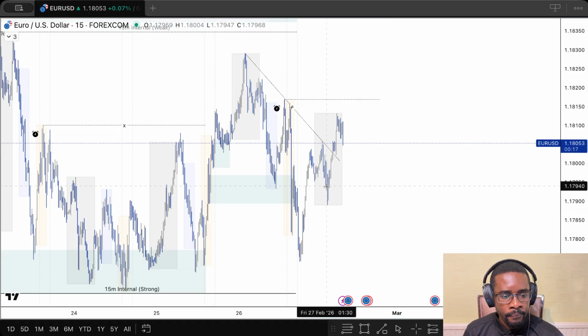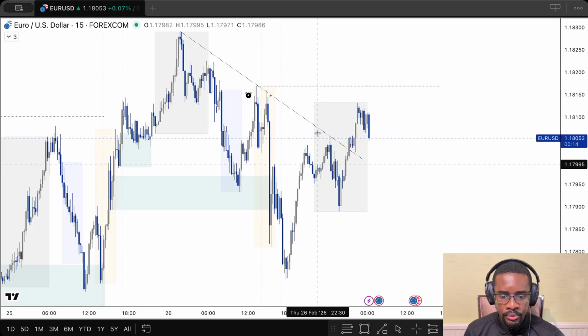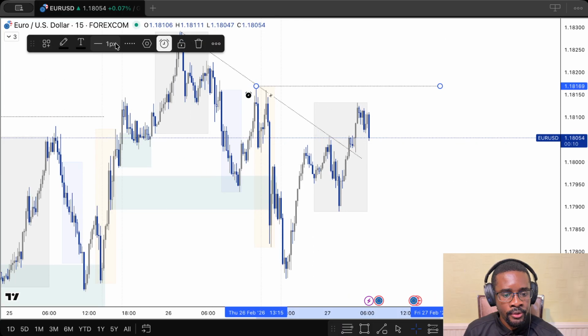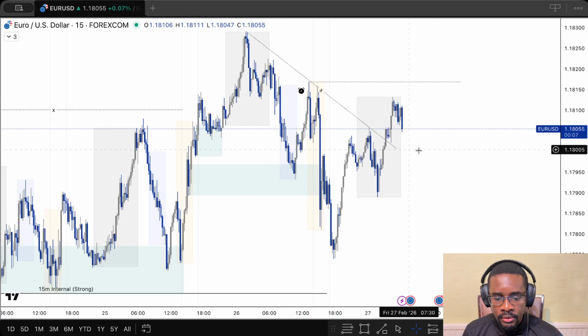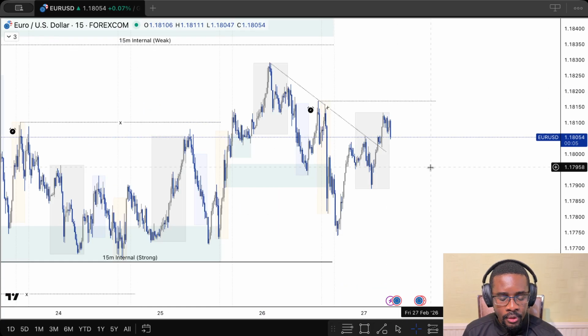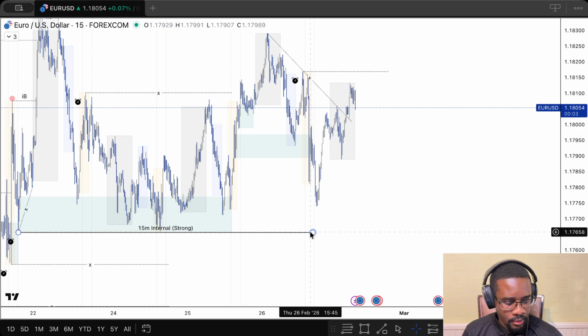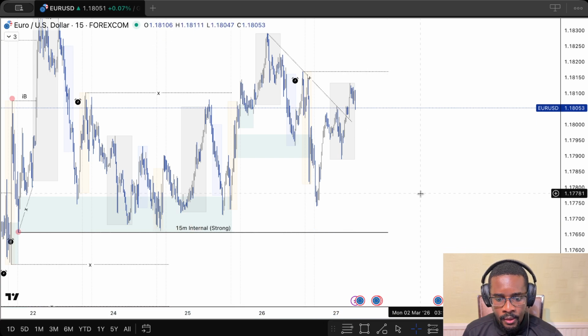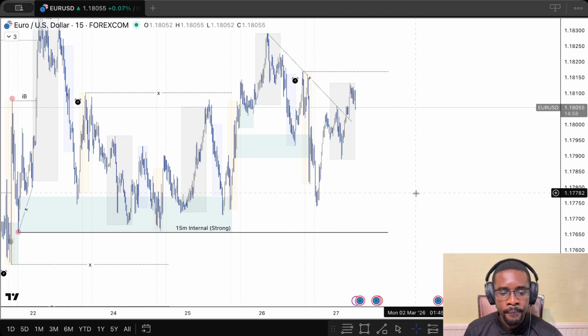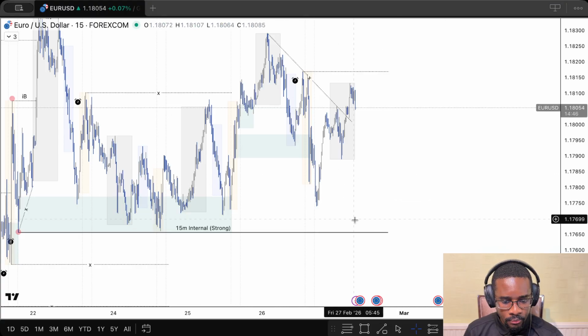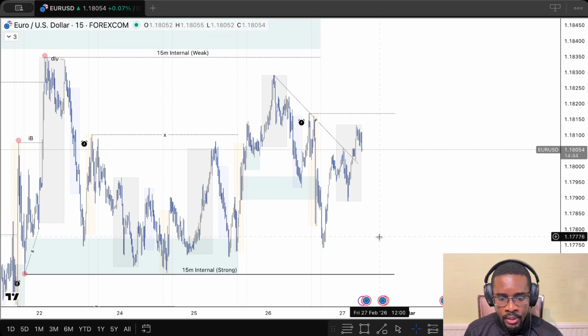Now, is there anything to look at for buys? Let me see. For buys, would there be anything to look at? Right now, I'm not seeing anything key in terms of buys.